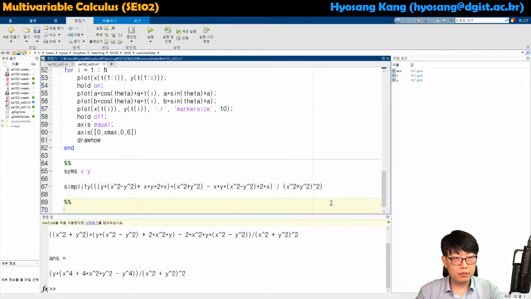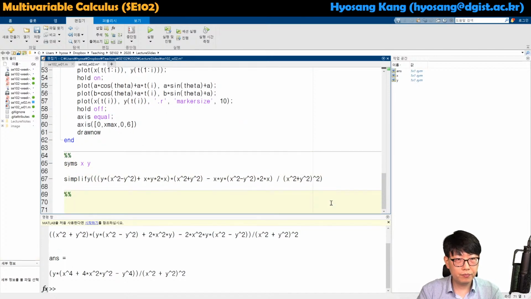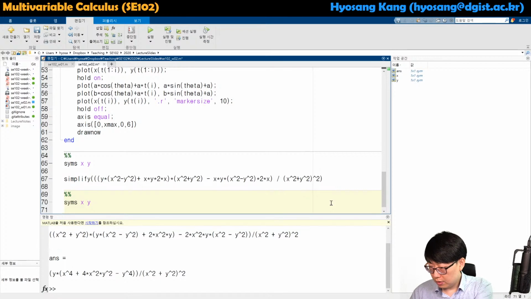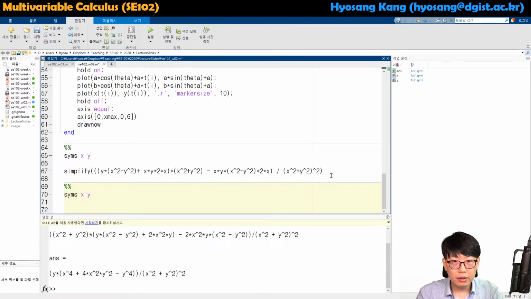Since I already defined my symbolic variables, I don't need this extra command, but I'm doing this for safety. And I defined my f to be x times y times (x squared minus y squared) divided by (x squared plus y squared).